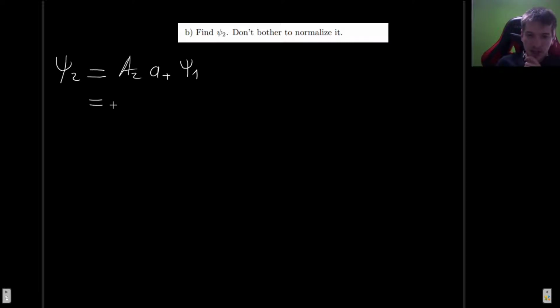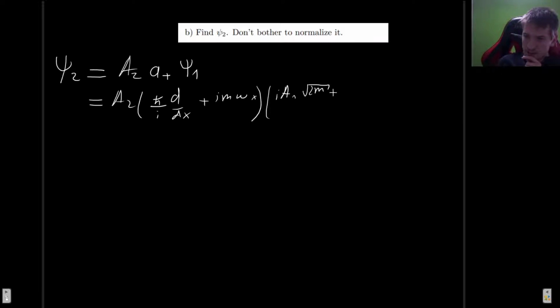Now we have to write in here both this a plus operator, which is just h bar divided by i, d by dx plus i m omega x, and psi 1, which I think was i times this constant a1, which we already found, i a1 square root of 2m omega x.